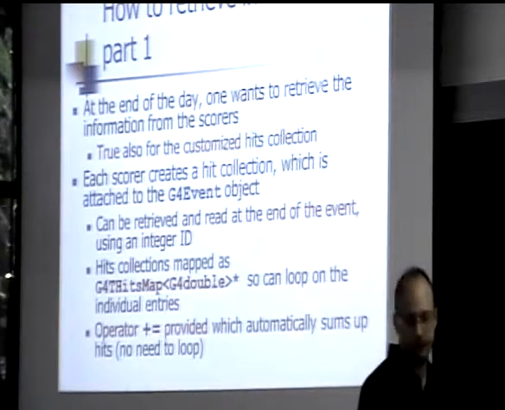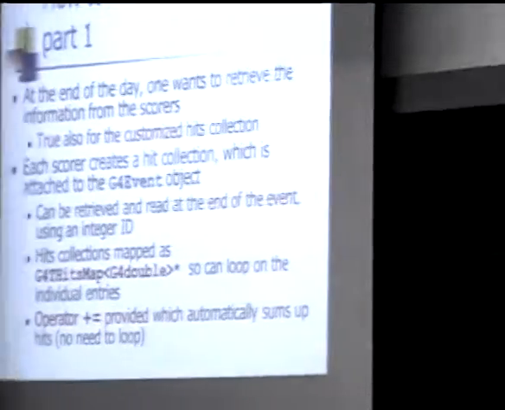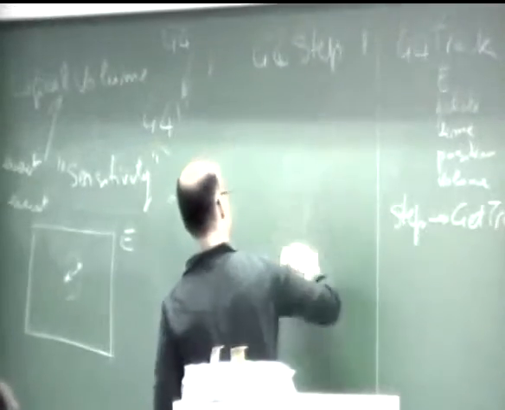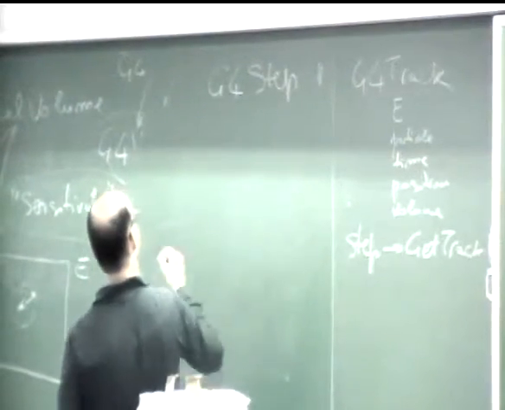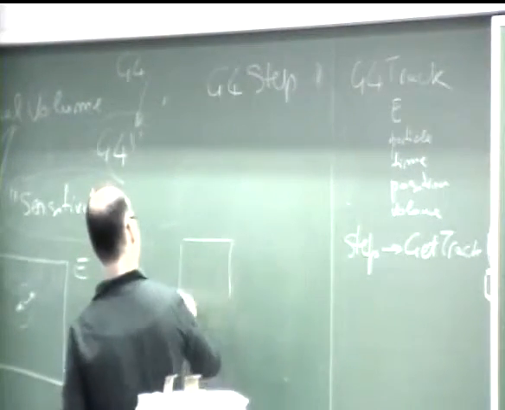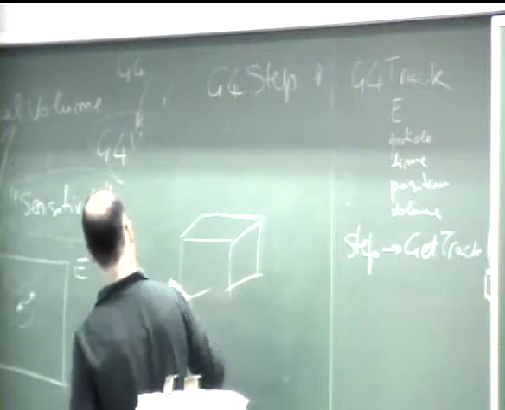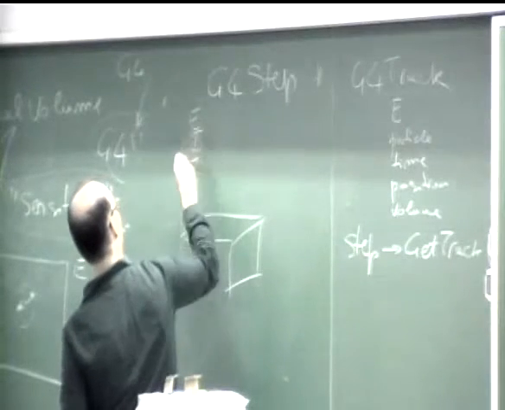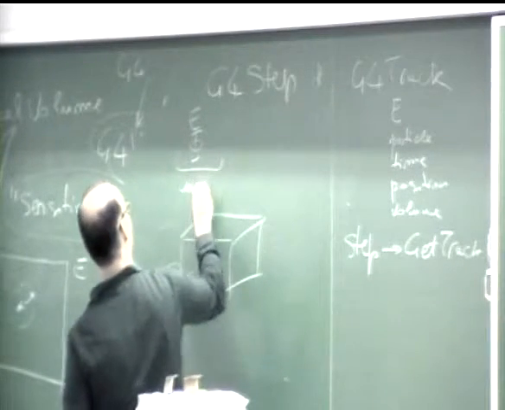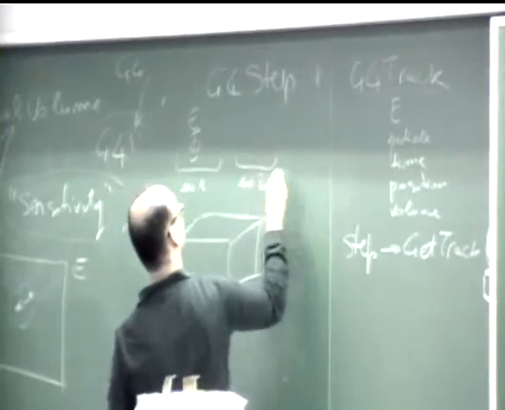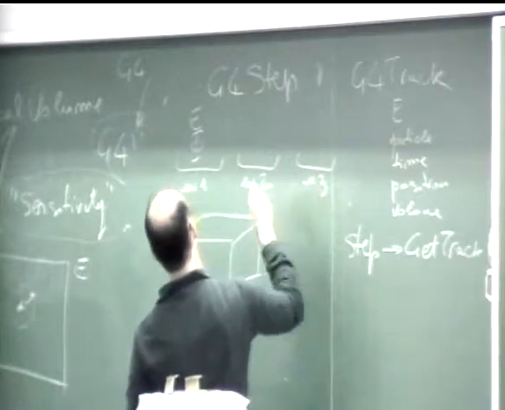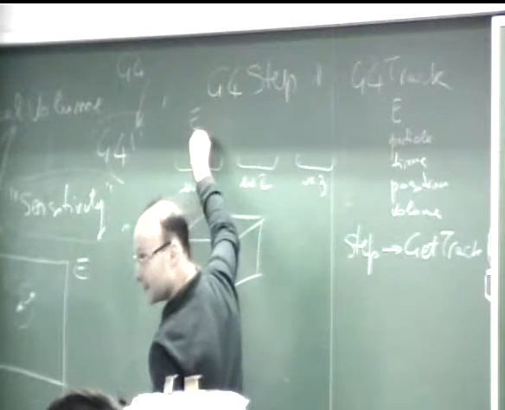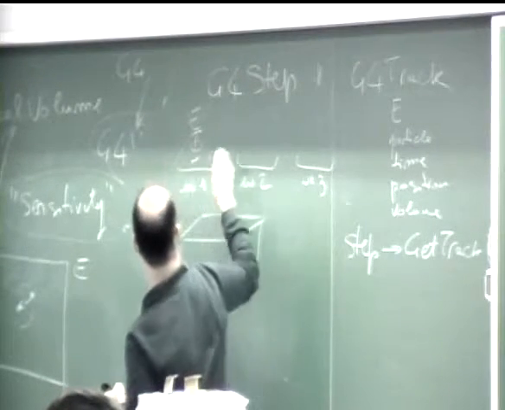As I was saying, what GEANT4 does in this case is that for every event, when you are entering this special volume, you save energy and flux for every event. So you have event number 1, event number 2, event number 3. This information is kept in memory, so you have to read it before it's gone.